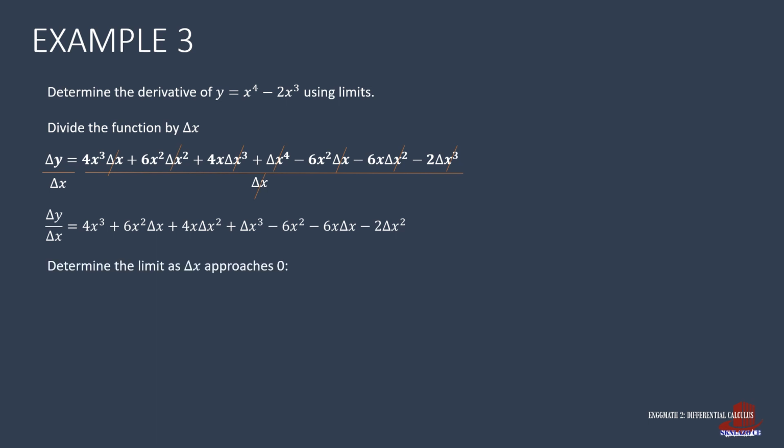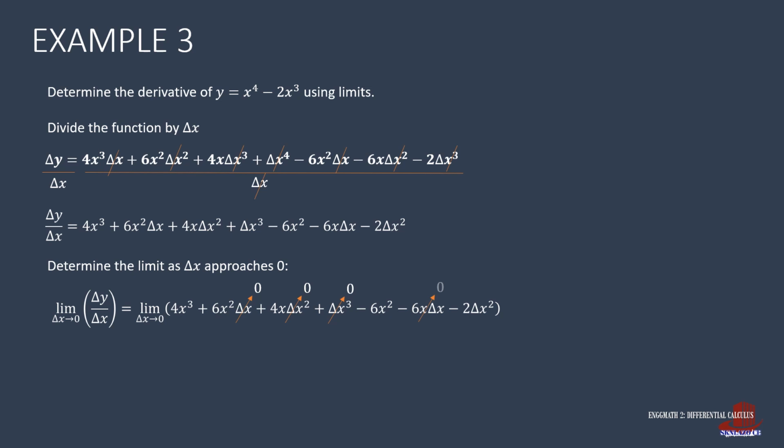Then the last step is to inject the limit as delta x approaches 0 into the function, where this step will zero out terms with delta x. Then we get dy over dx as 4x cubed minus 6x squared.